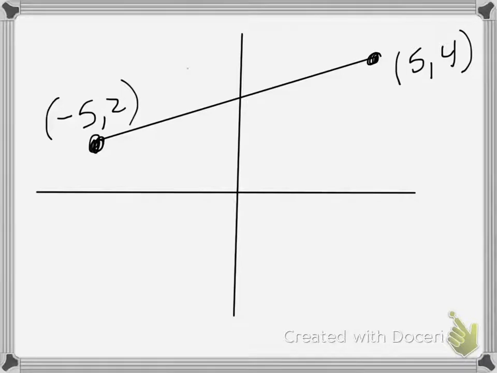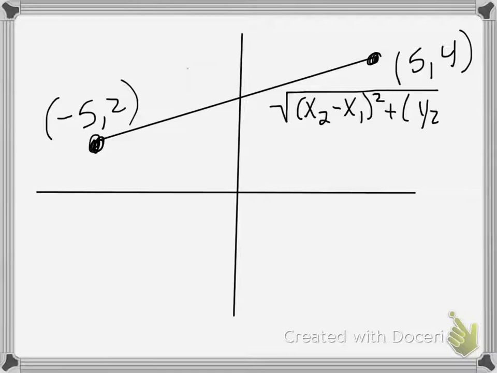The distance formula is how you find the distance between two ordered pairs. So we'll simply take the formula, x2 minus x1 squared plus y2 minus y1 squared, and we'll substitute our values in for it.